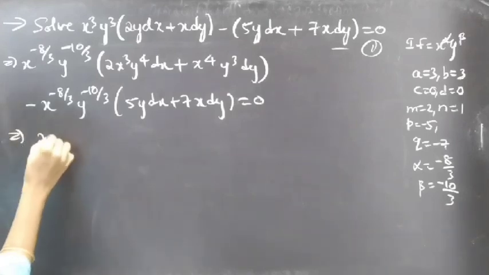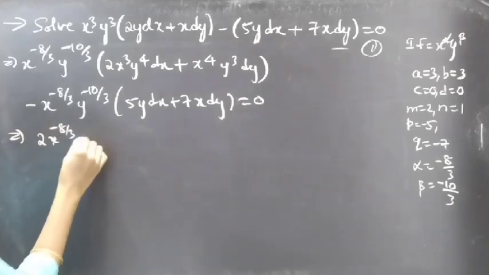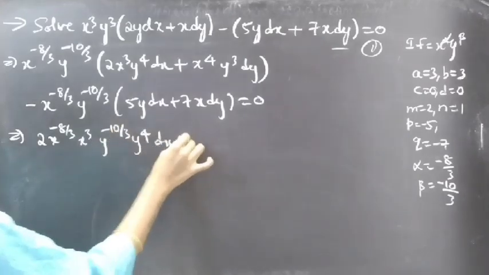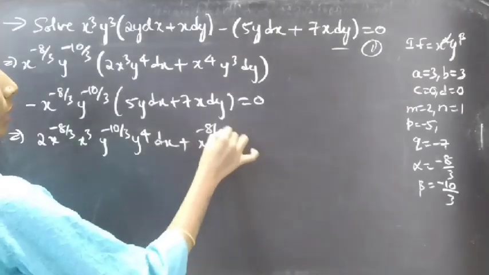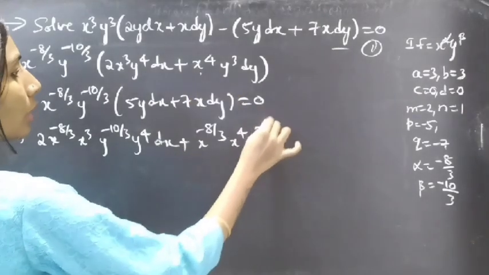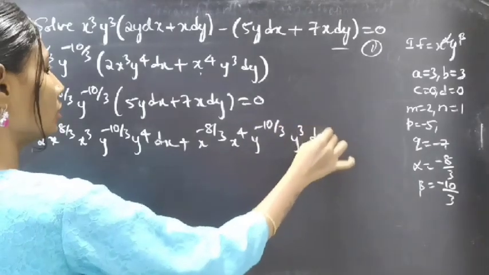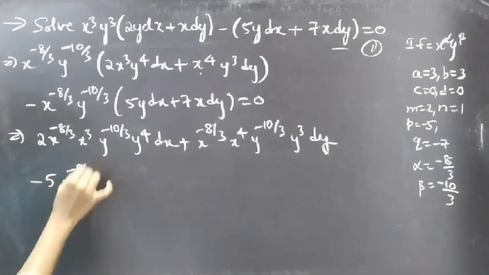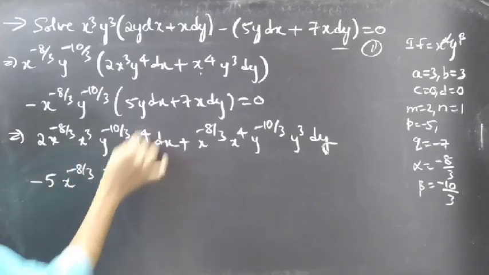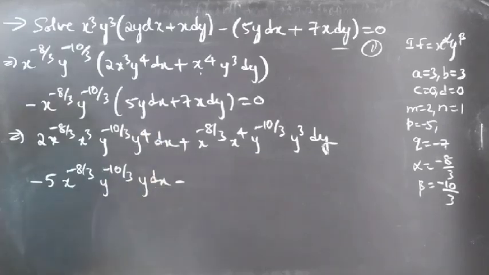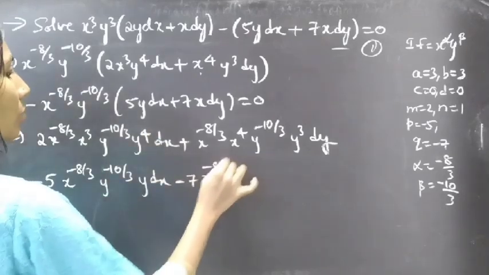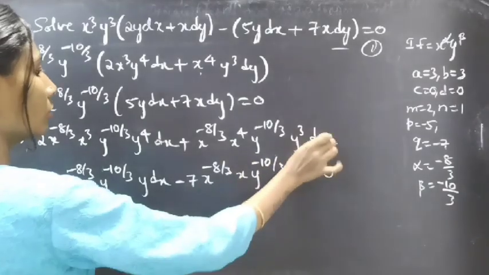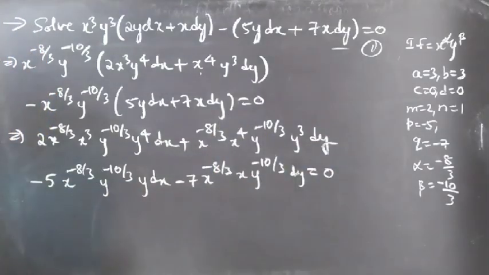This gives us 2 x power minus 8 by 3 into x cube, y power minus 10 by 3 y power 4 into dx plus x power minus 8 by 3 into x power 4, y power minus 10 by 3 into y cube dy minus 5 into x power minus 8 by 3 y power minus 10 by 3 into y dx minus 7 into x power minus 8 by 3 into x, y power minus 10 by 3 into y into dy equal to 0, right?